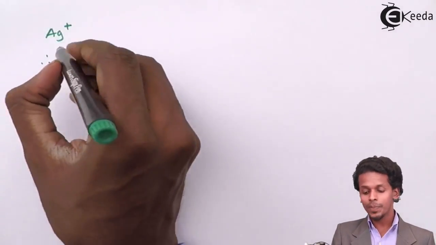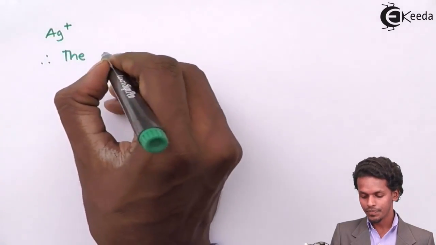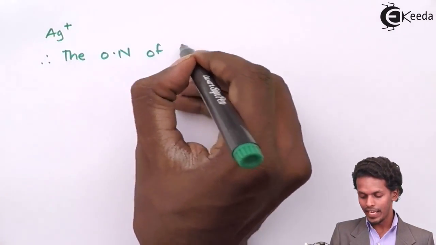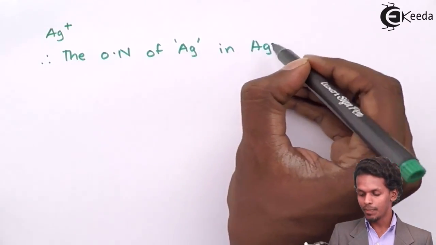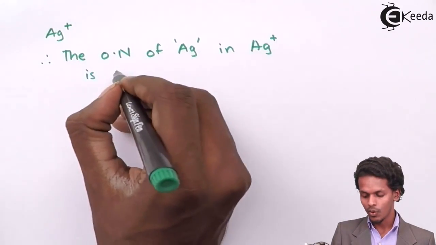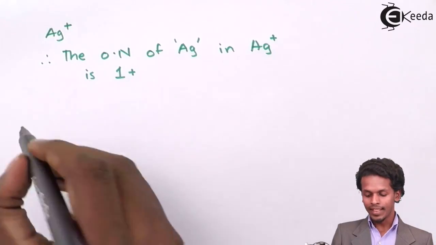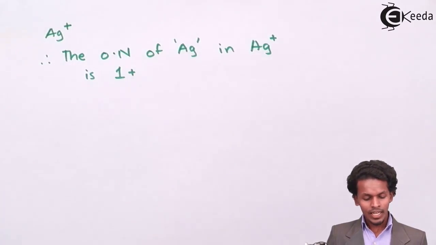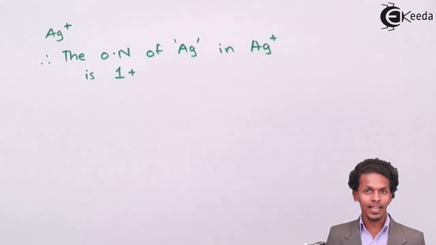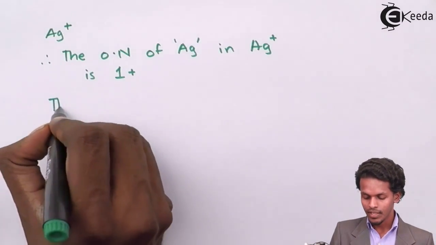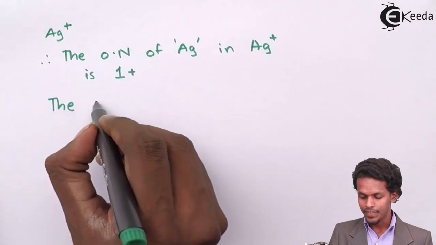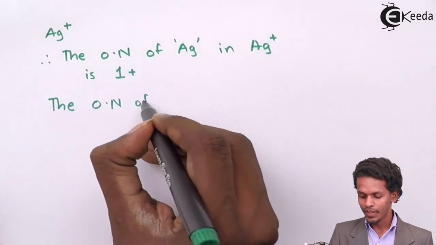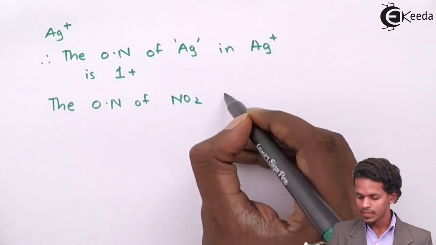For Ag plus, the oxidation number of silver is 1 plus. Now, for the oxidation number of nitrogen in NO2, first of all we have to mention clearly that the overall charge of NO2 is 0.